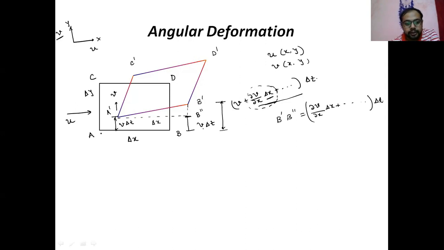Similarly, from here to here, it is u delta t. After delta t time, the displacement is velocity u into delta t. But here you see, the same way, the C point moves more than the A point.